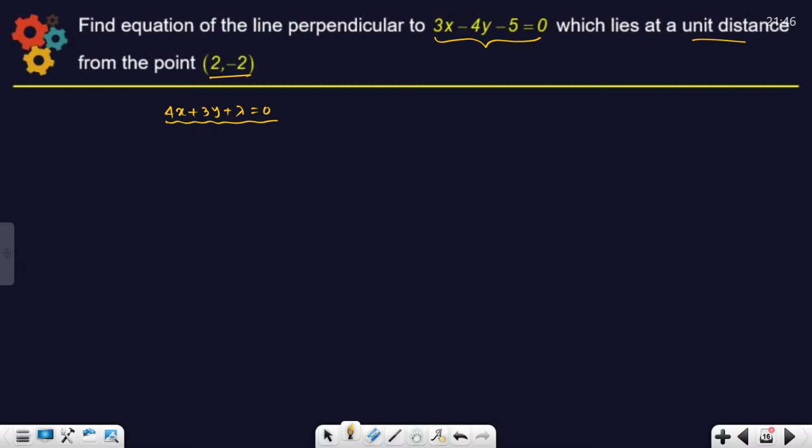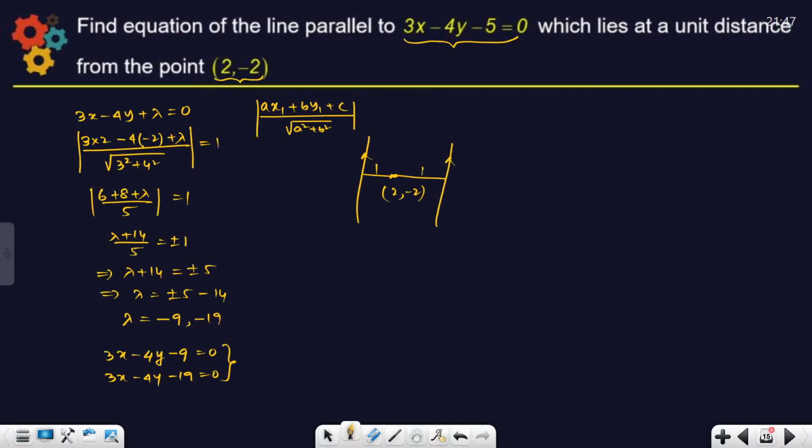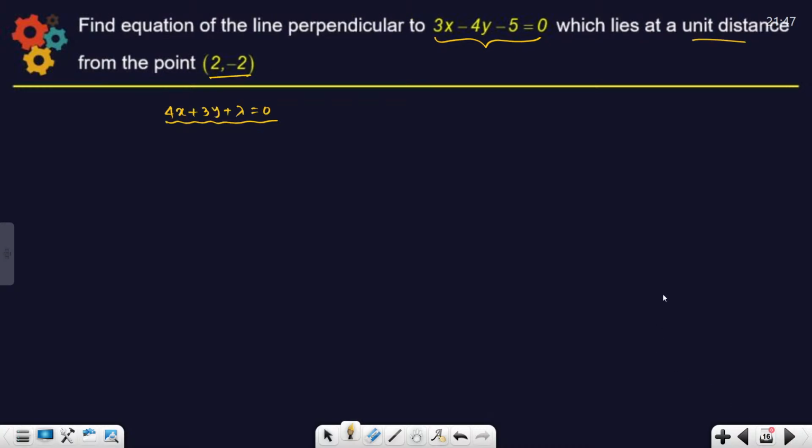You can solve this problem in the same way as I solved the previous one. You will simply find the perpendicular distance from (2, -2) and equate it with 1 to get the values of lambda. Again, in this case also you are going to have two values of lambda. Same argument: why will two equations of lines come?